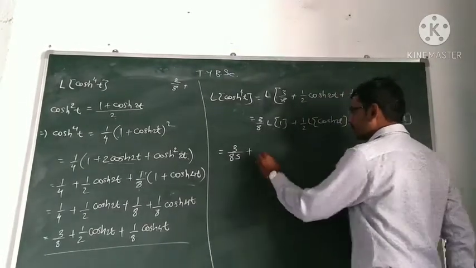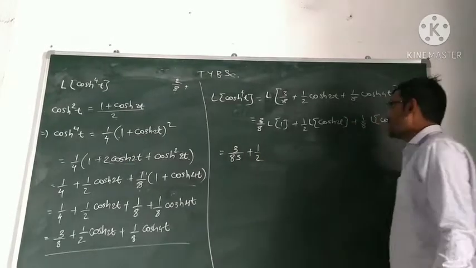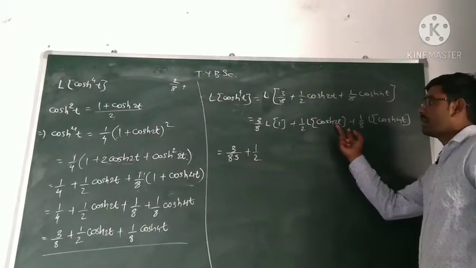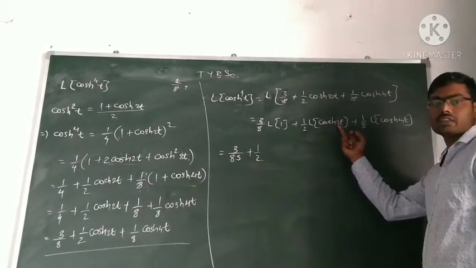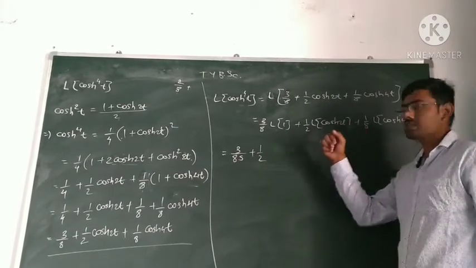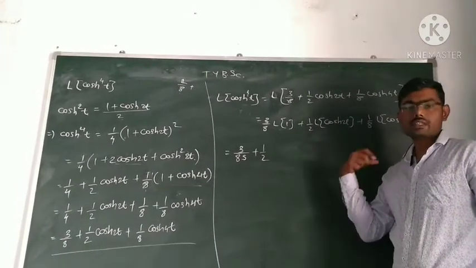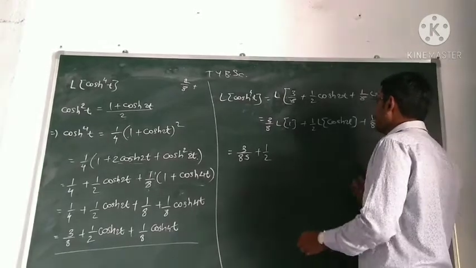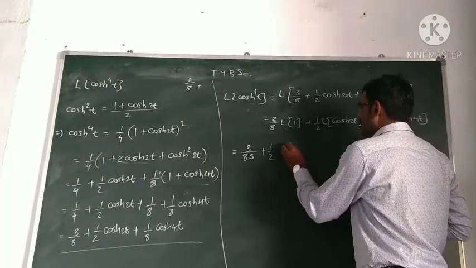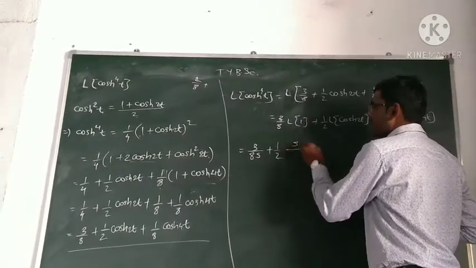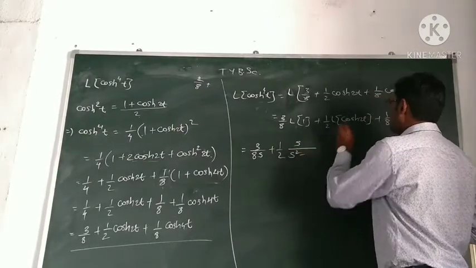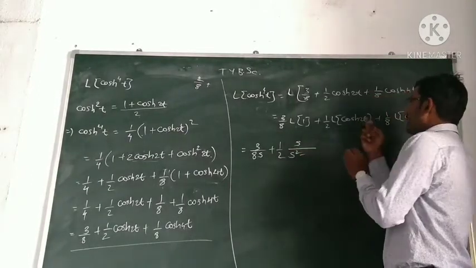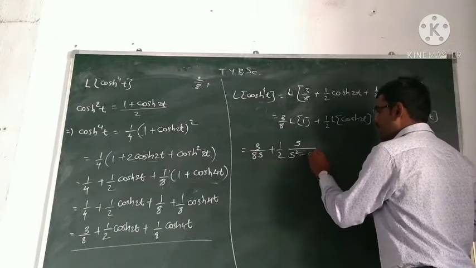Plus 1 by 2 into the Laplace transform of cosh 2t. The Laplace transform of cosh at is s upon s square minus a square. So the Laplace transform of cosh 2t is s upon s square minus a square, where a is 2, so s square minus 2 square.